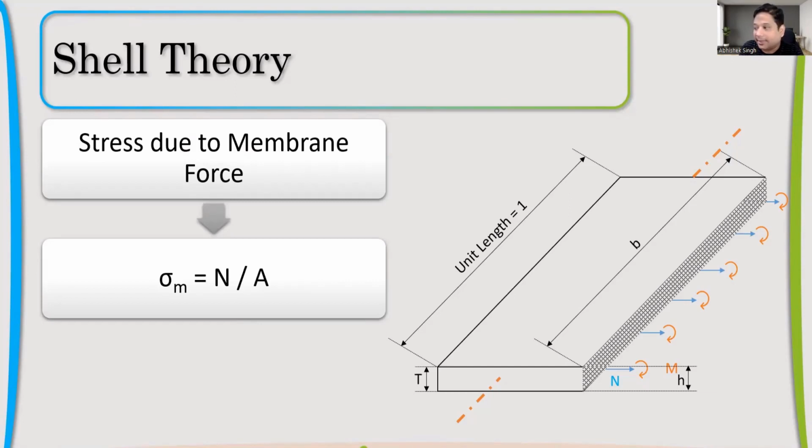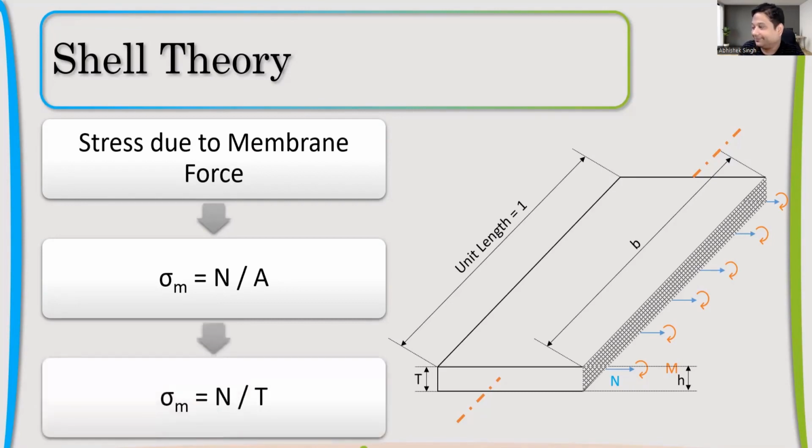N is N, and you only have to divide that with the area, which you have already calculated. Anil, absolutely right. Himanshu, absolutely right. Area, which we already calculated, and N is the given value. So N by T. Absolutely right, Vasif. The force acting on that surface divided by the area. Area here is only T. So the stress due to membrane force is N by T.